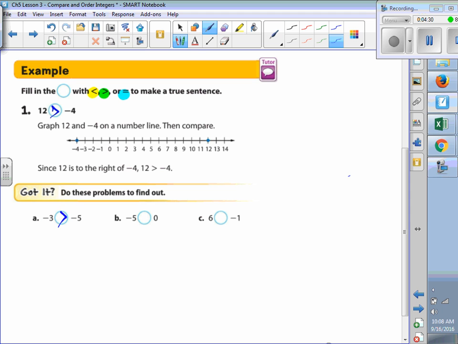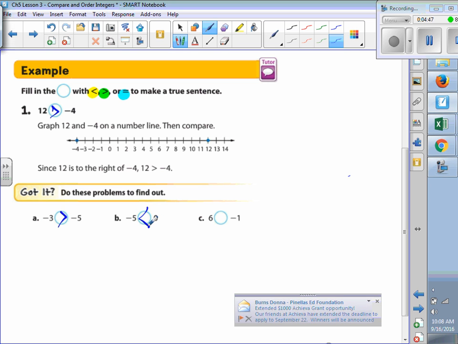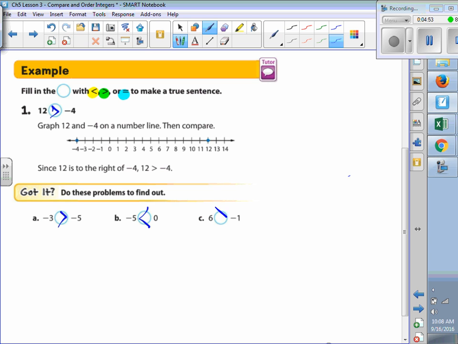For letter B, negative 5 compared to 0. 0 is to the right, so the symbol is going to be less than. Good, less than. Then 6 and negative 1. 6 is greater than negative 1. Very good. Okay?